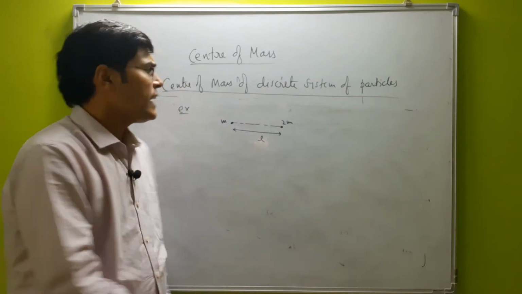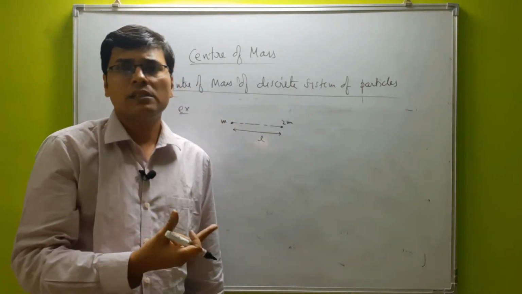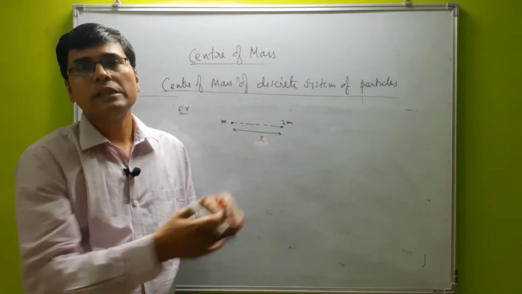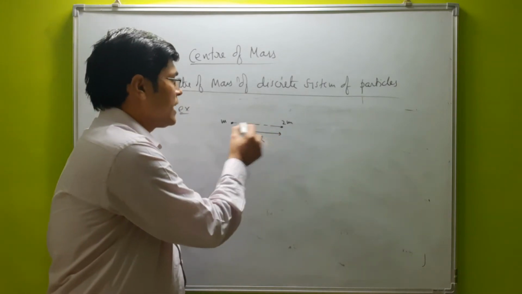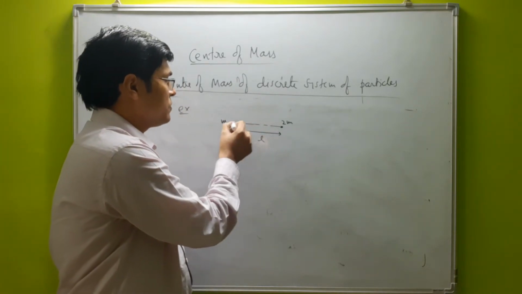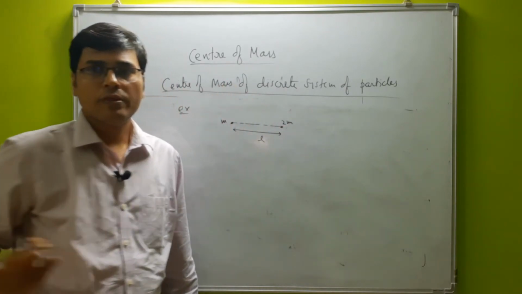One thing is for sure, it's a two particle system, and we have already derived the result that the center of mass of a two particle system will definitely lie on the line joining these two. So the center of mass of these two particles will be somewhere here, right?